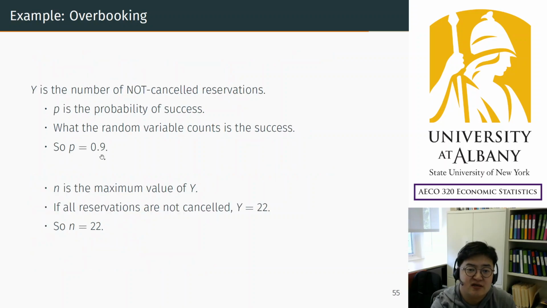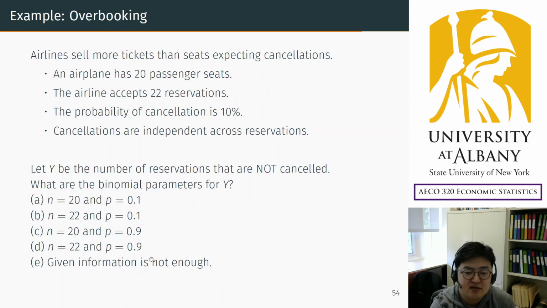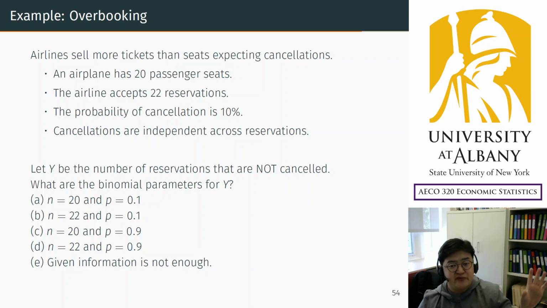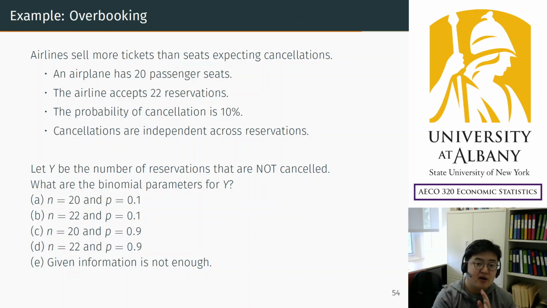The answer is, first, P is the probability of success. I set up a trap here. In our previous examples, we counted the number of cancellations. We defined Y as the number of cancellations, but now we are counting the other side, non-cancellations, right?